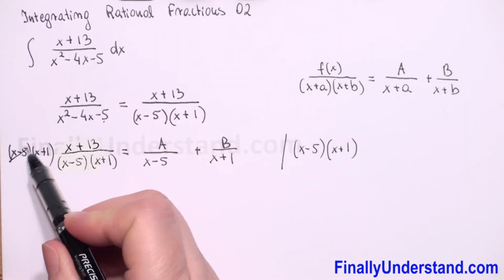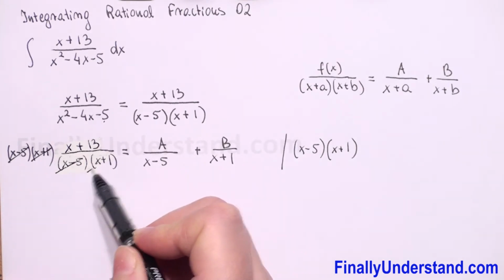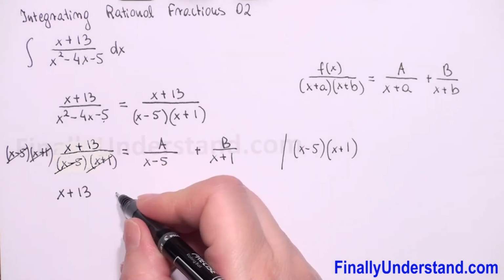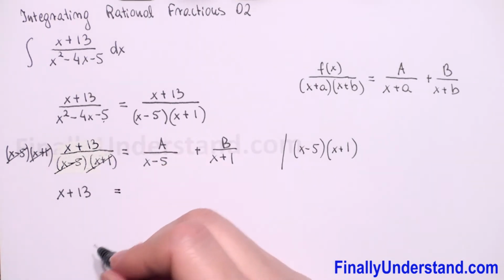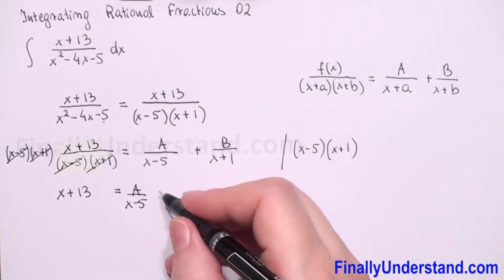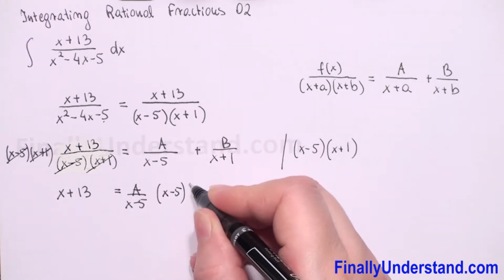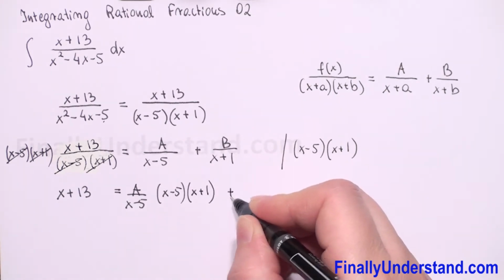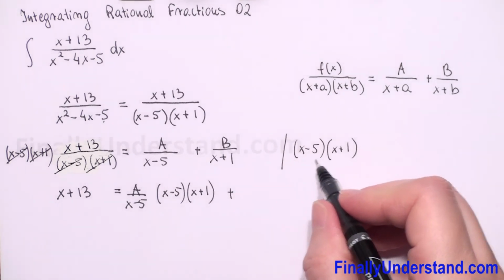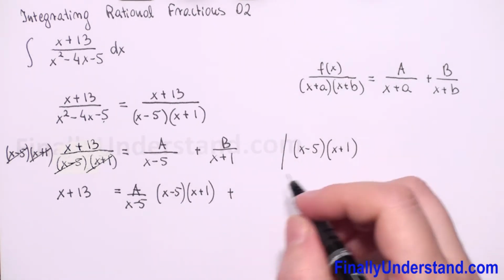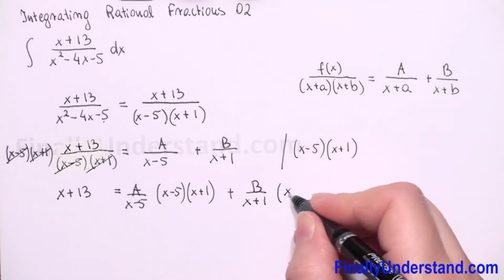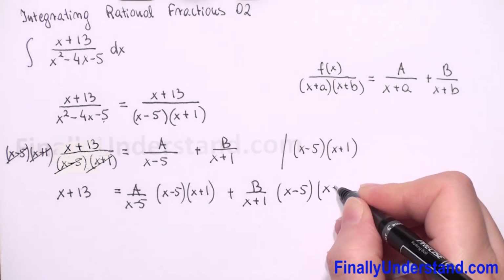We can reduce x minus 5 and x plus 1 on the left side, and we have x plus 13 is equal to A over x minus 5 times x minus 5 times x plus 1 plus B over x plus 1 times x minus 5 times x plus 1.